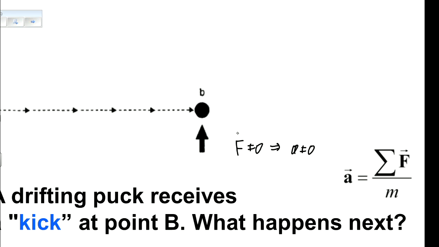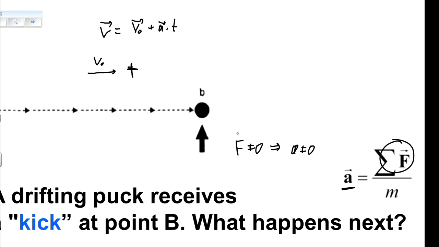How? Well, velocity is equal to initial velocity plus acceleration times time. The time is a fraction of a second, but still, that was the original velocity. The acceleration always points as the net force points.